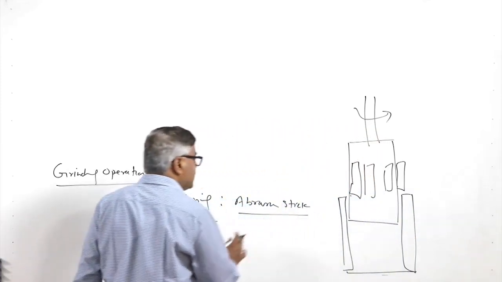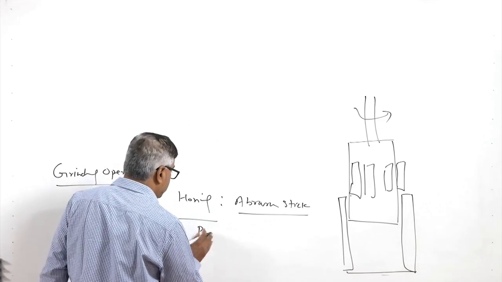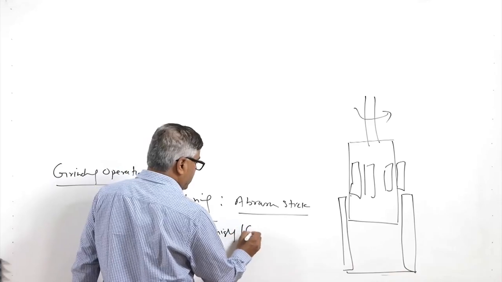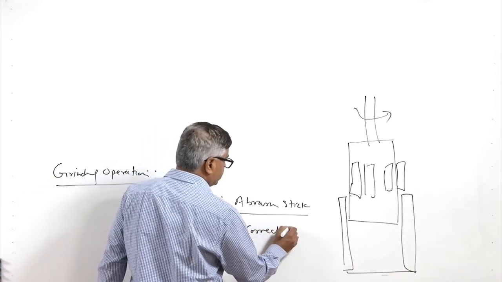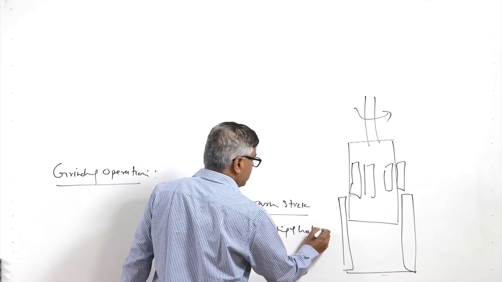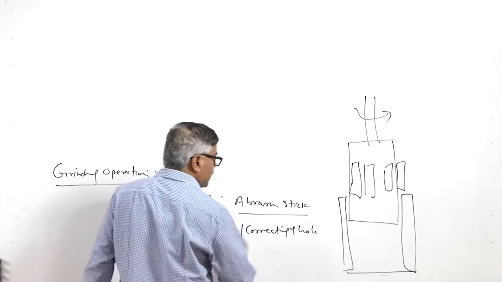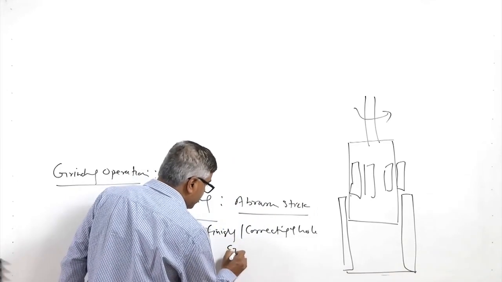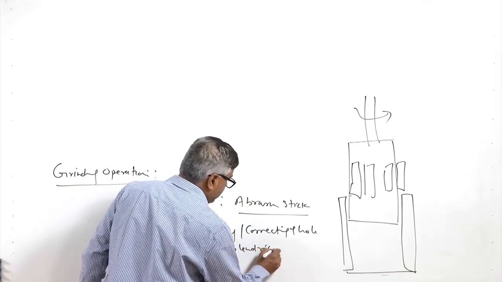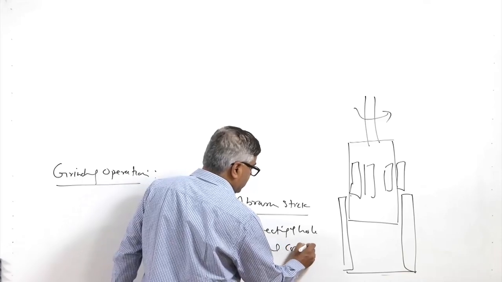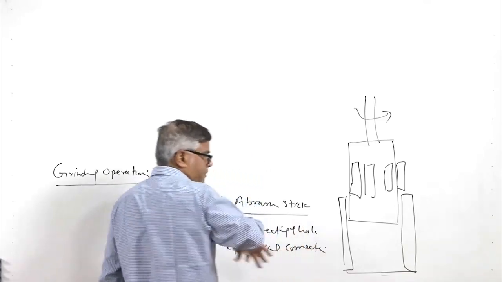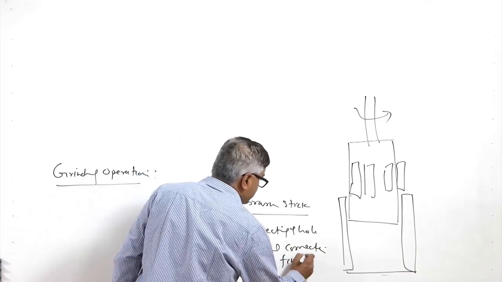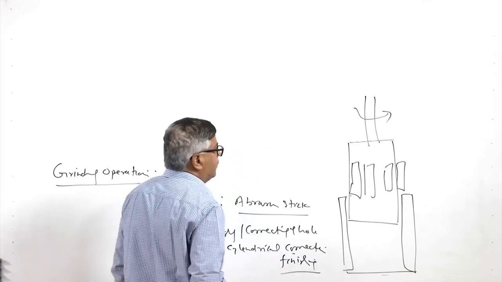So, basically honing is used for finishing and correcting holes which already exist. Basically, cylindrical hole correction in terms of circularity and cylindricity, and their finishing, is achieved through the honing process.